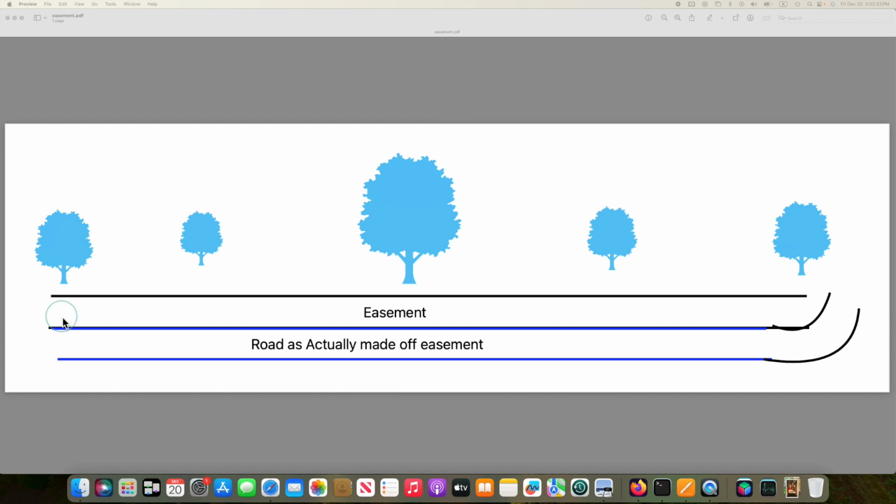The problem is, right around in here is where our property begins after the easement. And so our property line would be here. A fence line should run right across that part of the post. But because the road came down and over, this marker is completely destroyed.